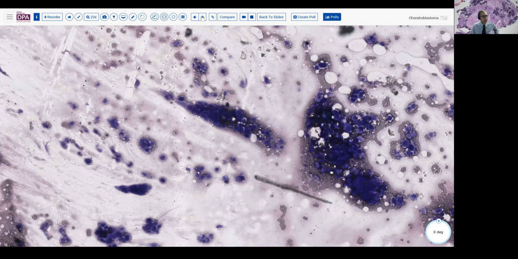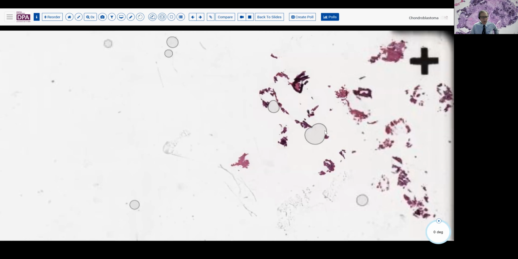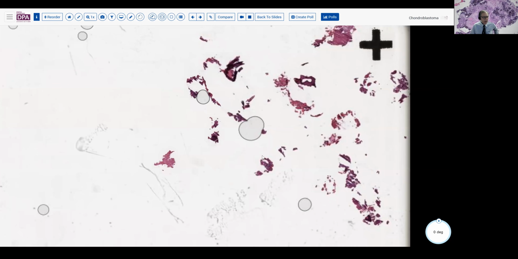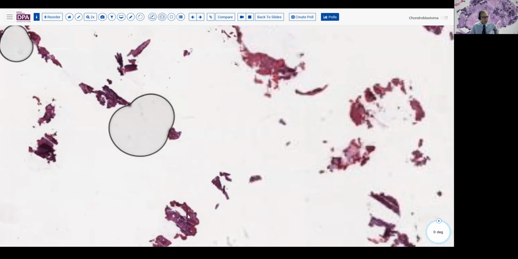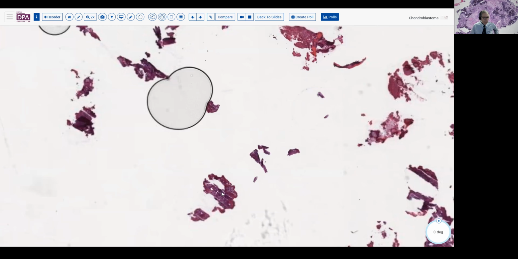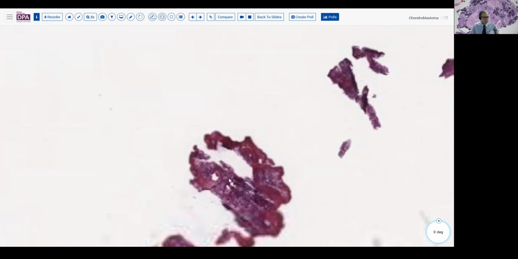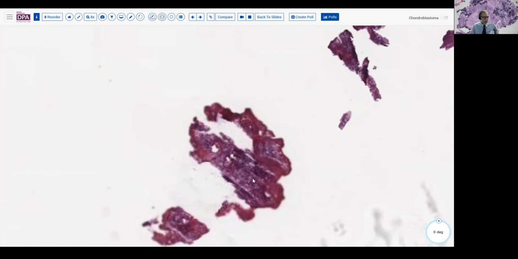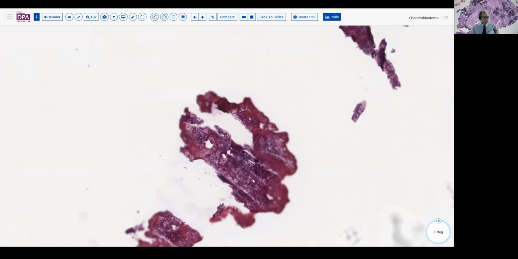We did also attempt to do a frozen section, which we'll look at here. As you can see, this is not very well sectioned tissue. It's sort of clumped up and clustered together. But as we look at a few of these fragments, I think you'll get a sense for a little bit of the architecture that we can tell from this kind of sampling.